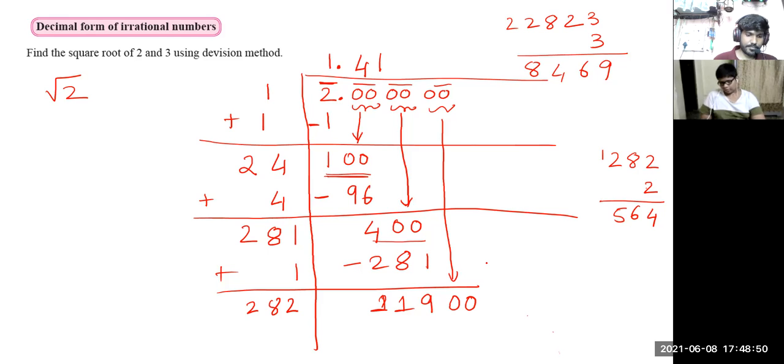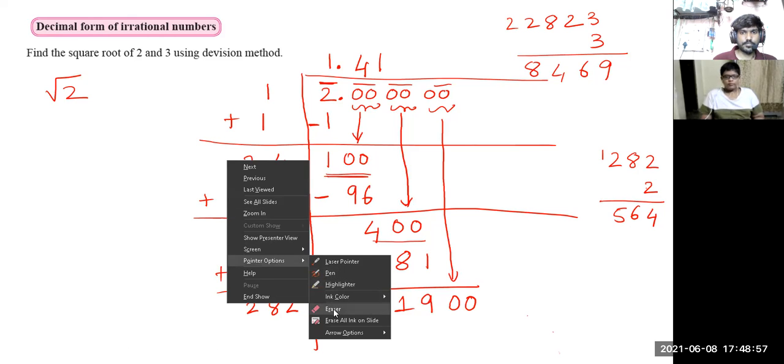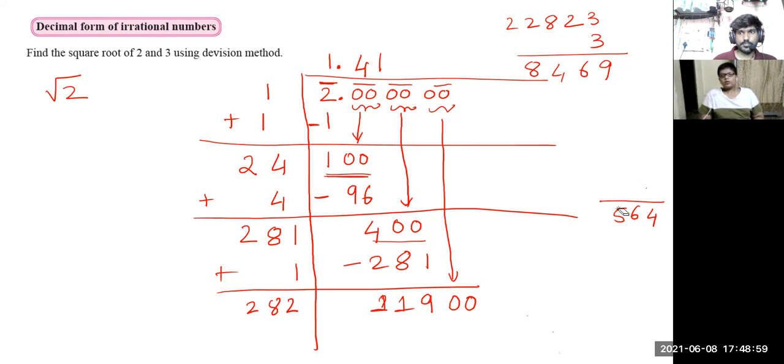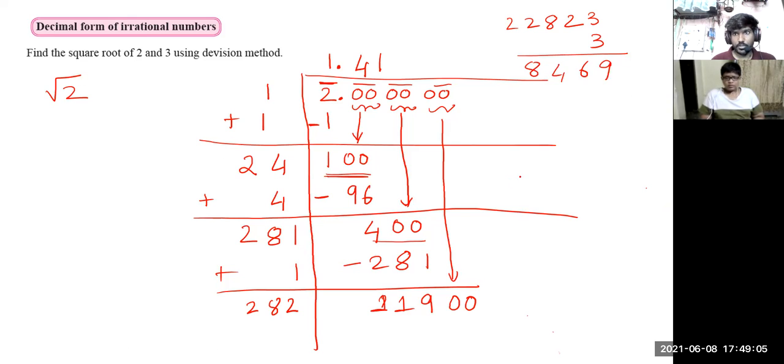Try with 4. Yeah. If I do 4, 2, 8, 2, 4 into 4. 4 4s are 16, 4 2s are 8, plus 1, 9, 4 8s are 32, 4 2s are 8, plus 3, 11.